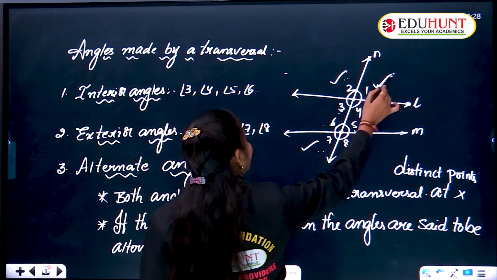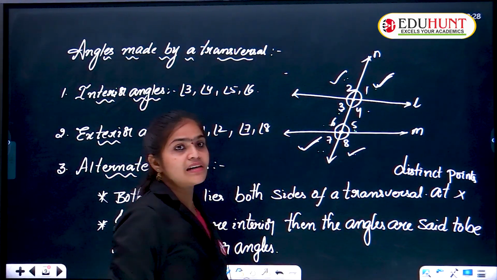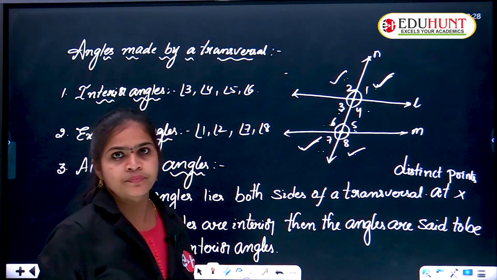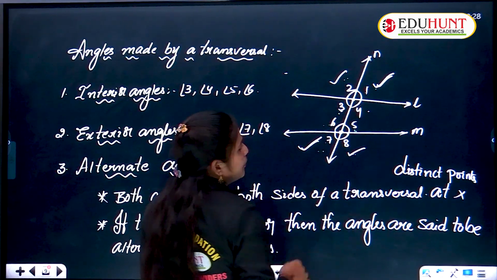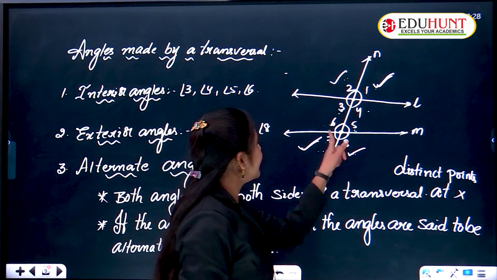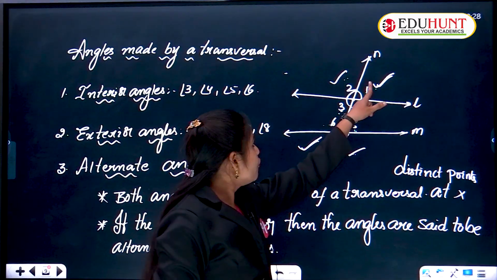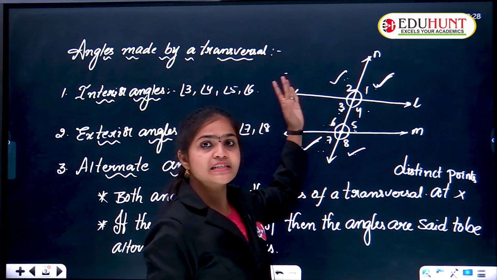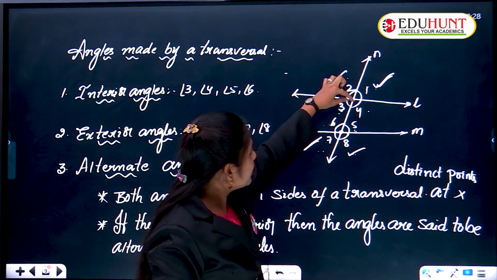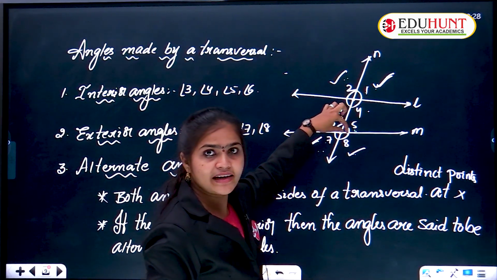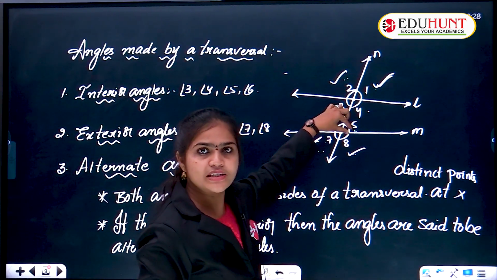Then here angle 1 and angle 7 are the alternate exterior angles. Understood, ma? Just observe, 1 and 7 are exterior angles. 1 and 7 lie on both sides of the transversal. And in the same way, 1 is formed at one point and 7 is formed at another point. Understood? At two distinct points.